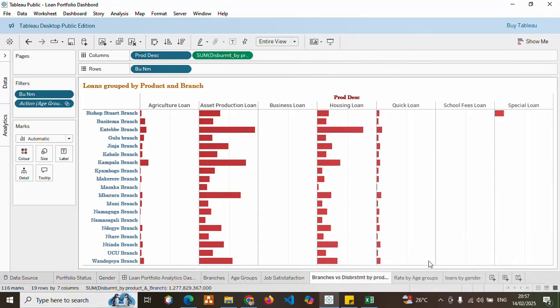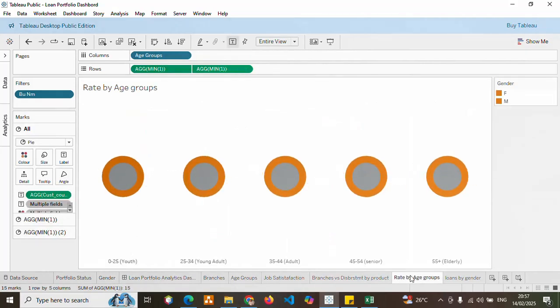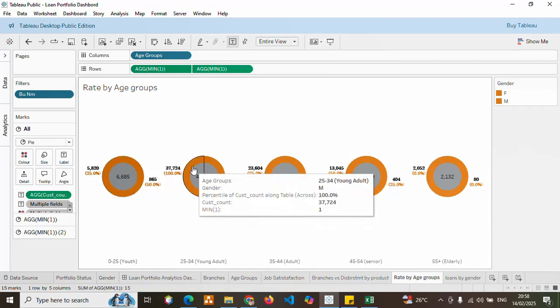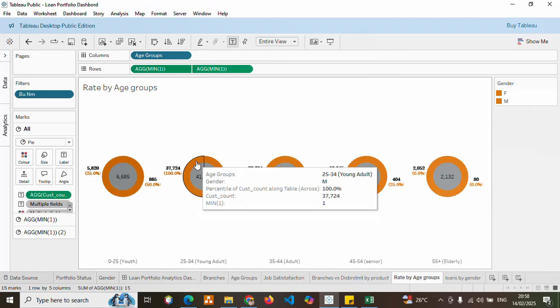After that, I also come up with a rate by age groups. For example, in the previous worksheet we looked at the age groups, but still I went ahead and rated them. For example, the age group between 0 to 25, whom I have called youth, how many are they? And those that I have called adult, from 25 to 34, who are male, for example, how many are they?